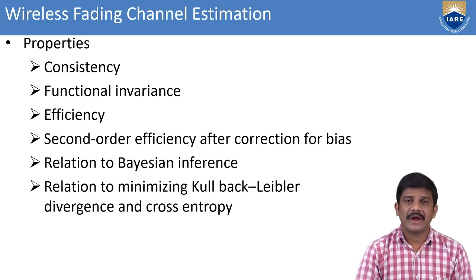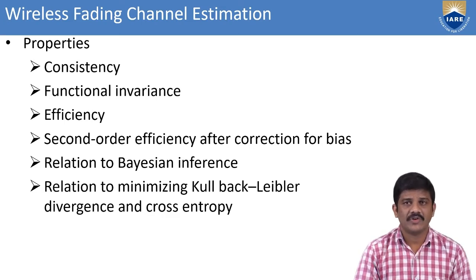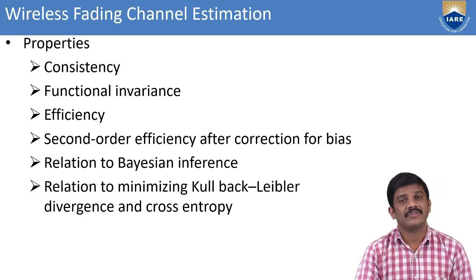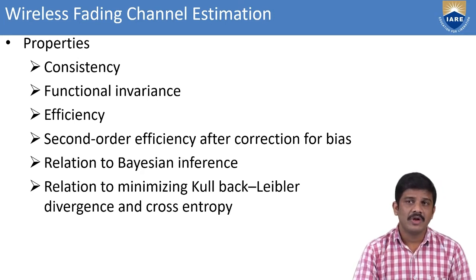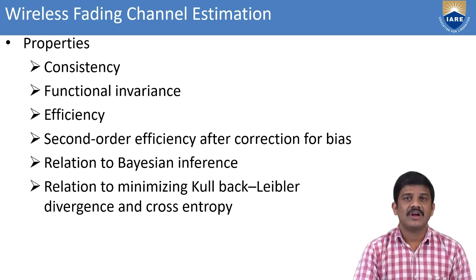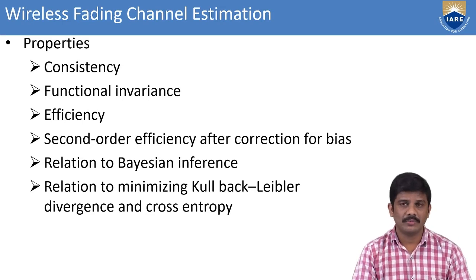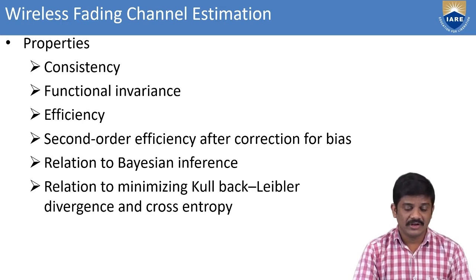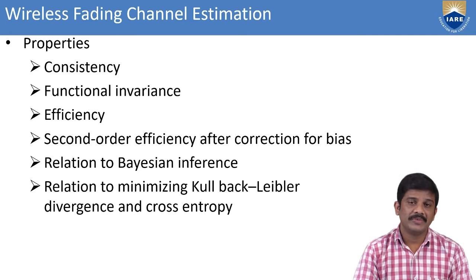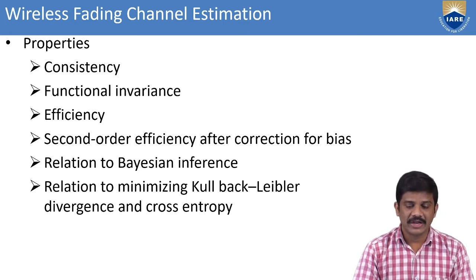Coming to the maximum likelihood function parameters, we are also taking some properties for that. One is consistency, and the next ones are functional invariance, efficiency, and second order efficiency after some correction for bias. We have the unbiased and also some biased techniques, and also the relation to Bayesian inference, and the next one is the relation to minimizing the Kullback-Leibler divergence and cross entropy.